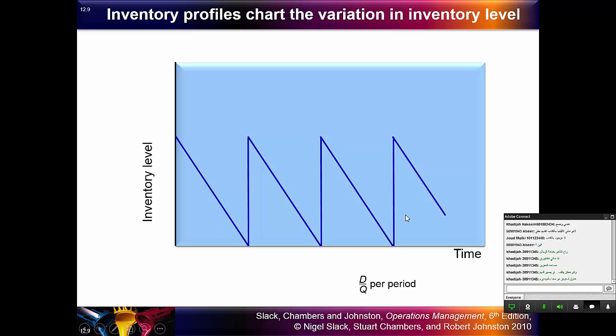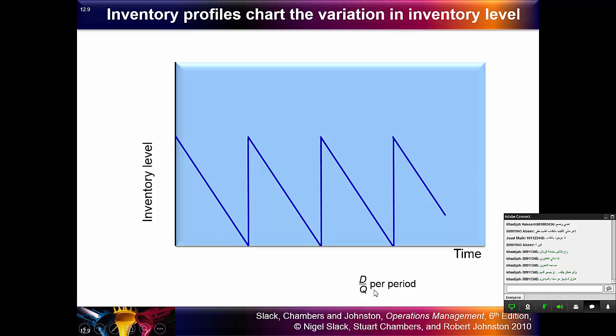For example, if the demand was 1,000 pieces per year, and in any ordering time we decide the order to be 100 pieces, then we divide 1,000 by 100, that means 10, so we need to order 10 times during the year.